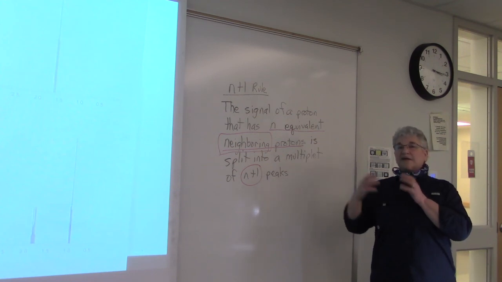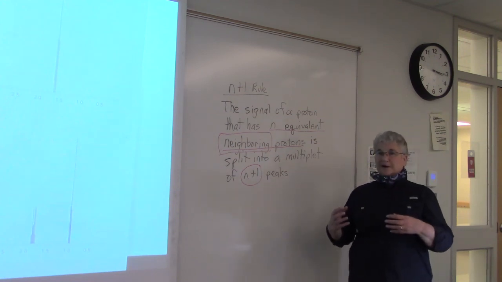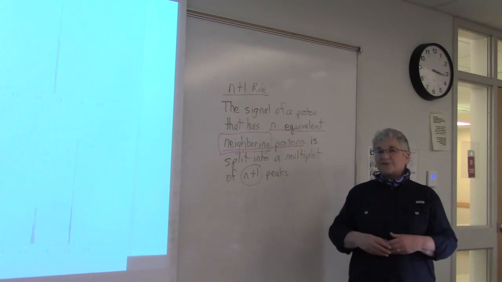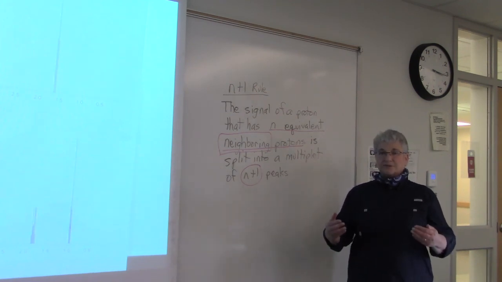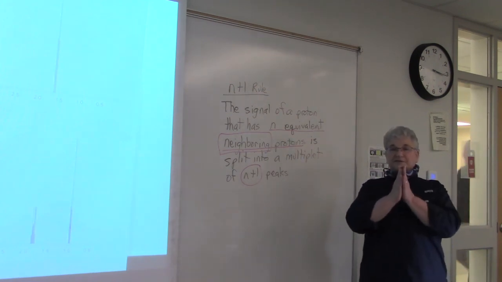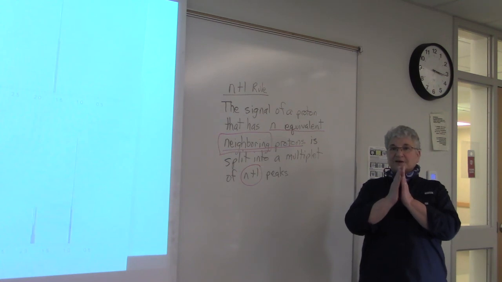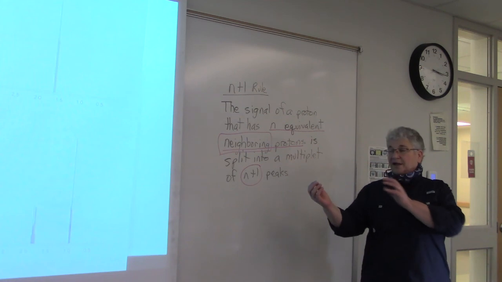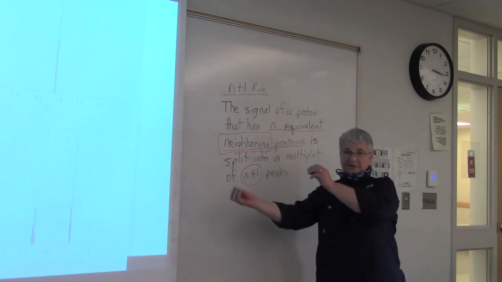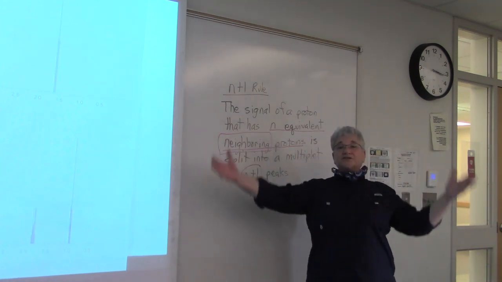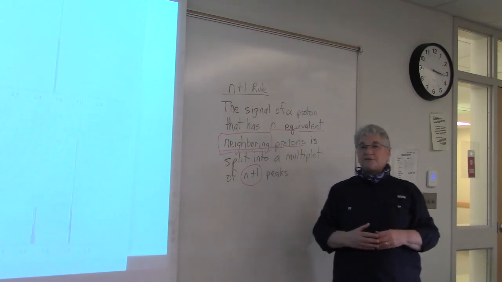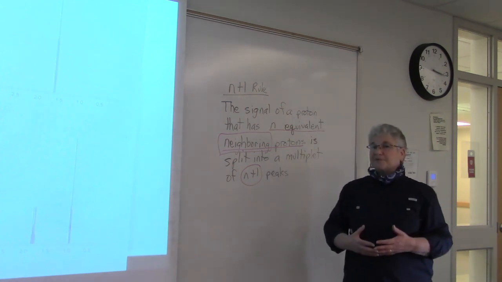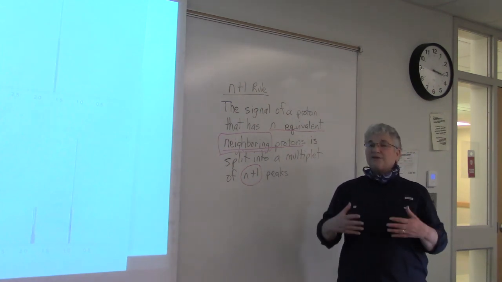And so interpreting splitting patterns is what helps us build molecules, because I can identify one type of proton, and then I can identify what splits it, so now I know the neighbor, and then I go to that and determine its neighbor, and I go on, and so I can start to really build my molecule based upon my splitting patterns. That's why they're really important.